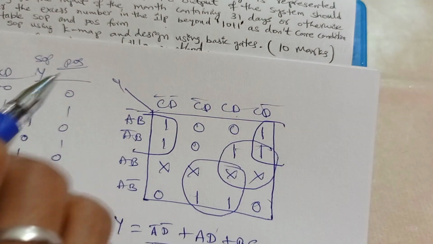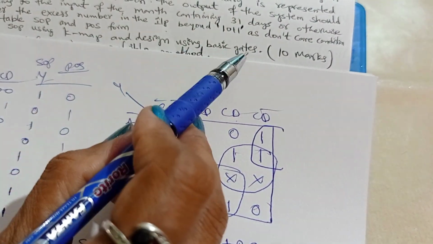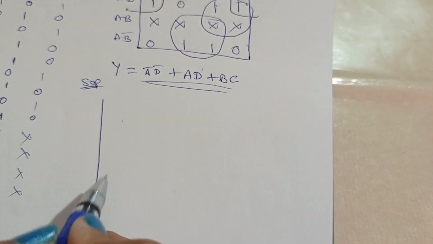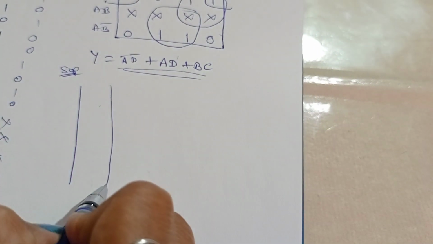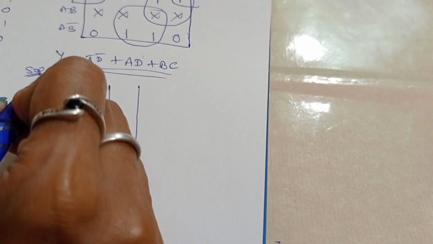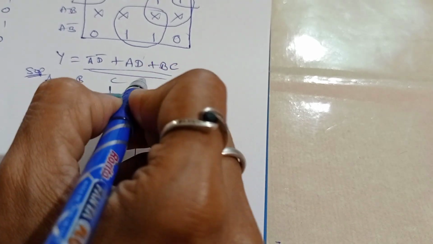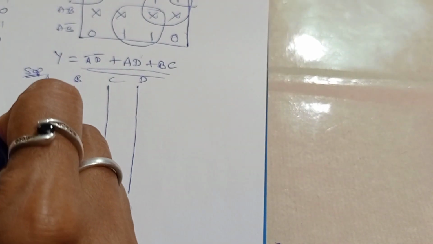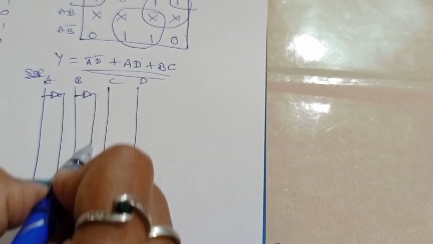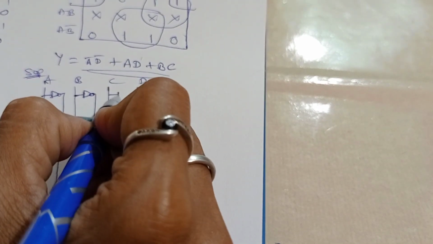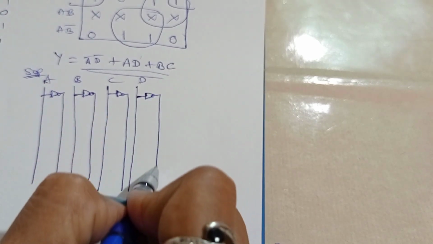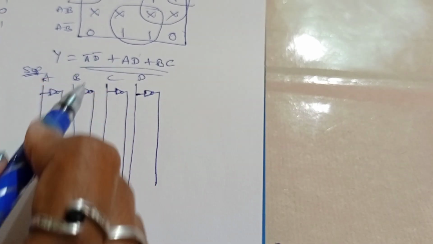The question is design using basic gates. For this we need to design the circuit. Take A, B, C, D inputs. Inverted inputs: A bar, D bar.